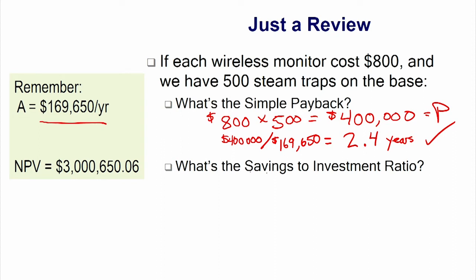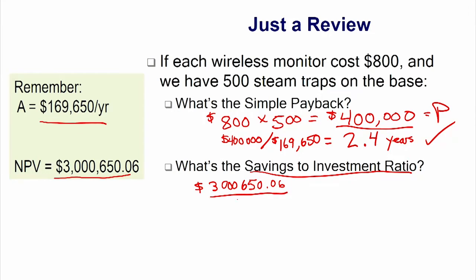Let's figure out what this savings to investment ratio is. And that is, if you recall, the savings is right there, the net present value of the savings, and the initial investment is right here. So the savings is $3 million divided by the investment, and that gives you a 7.5. This is very good, folks. I think I've mentioned this before, but of course, above 1 means you've got a good investment and you have savings.